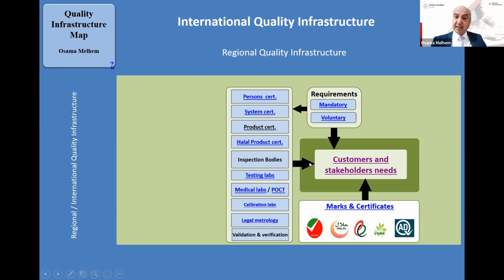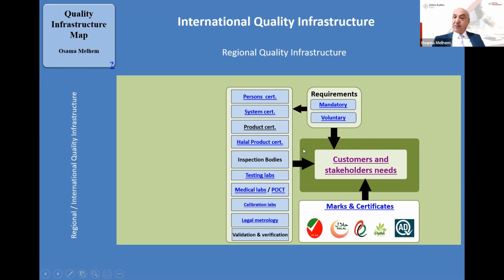Now, in the market, we have organizations willing to obtain a management system certification, so they come to the system certification bodies. Some examples are ISO 9001, ISO 14001, 45001, 50001, and others. There are plenty of management systems available in the market. So organizations come to these bodies to be certified according to the required standard.